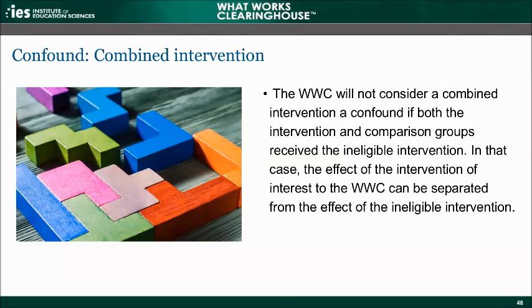So the WWC will not consider a combined intervention a confound if both the intervention and comparison groups receive the ineligible intervention. In that case, the effect of the intervention of interest to the WWC can be separated from the effect of the ineligible intervention.